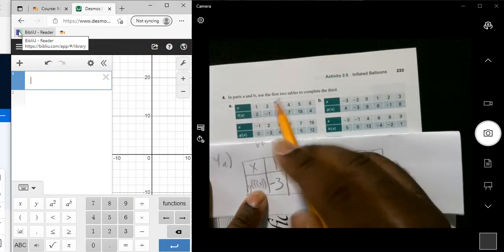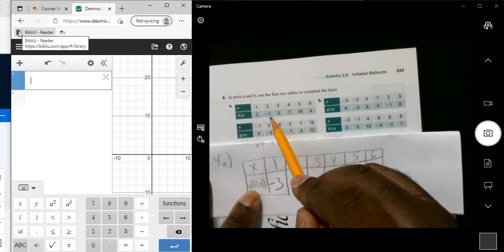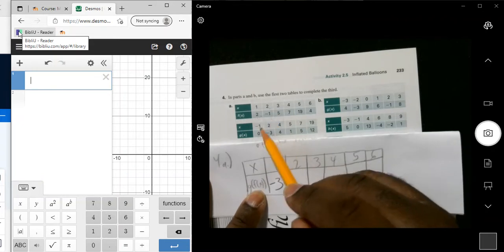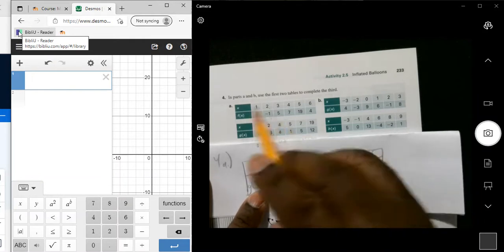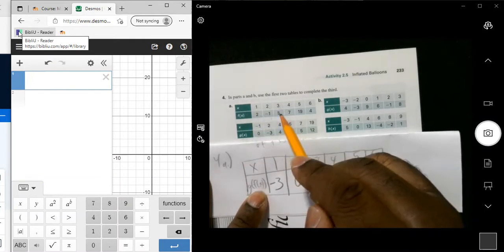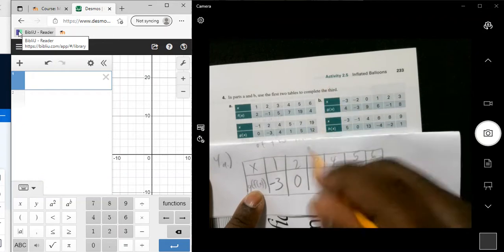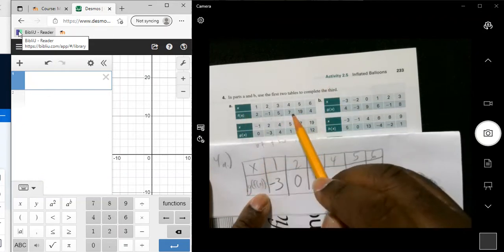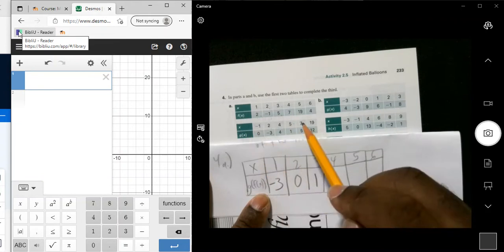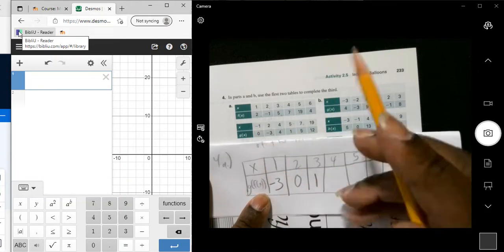Now we go to f of 2, which is -1. So we go g of -1, which is 0. Now f of 3 is 5, and g of 5 is 1. Then f of 4 is 7, and g of 7 gives us 5.